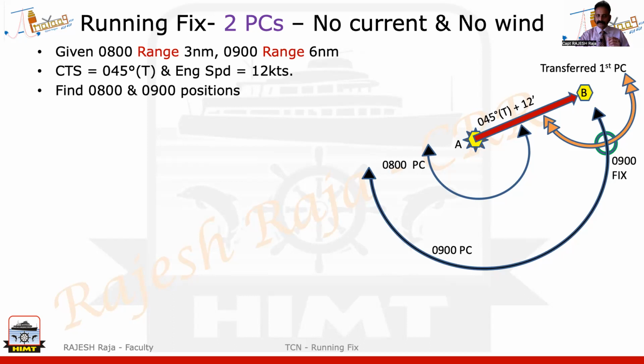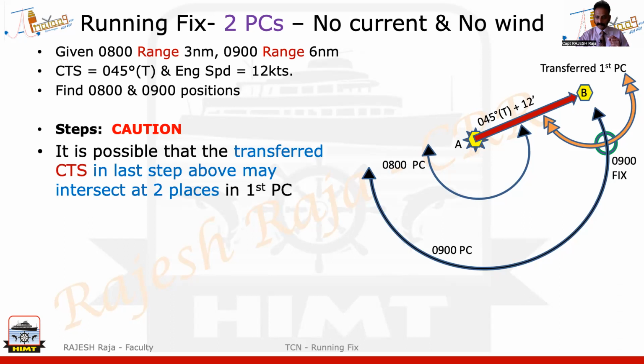So what happens when I finish this question with 9 o'clock fix? I want to get 8 o'clock fix, so I have to be careful here. I have transferred my CTS. When I transfer my CTS, you can see the CTS is intersecting at two places on the first PC.